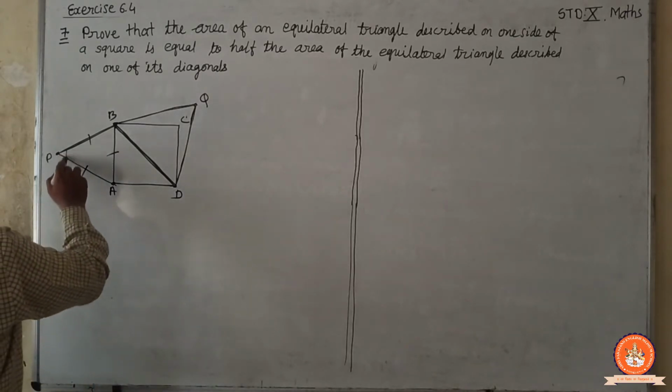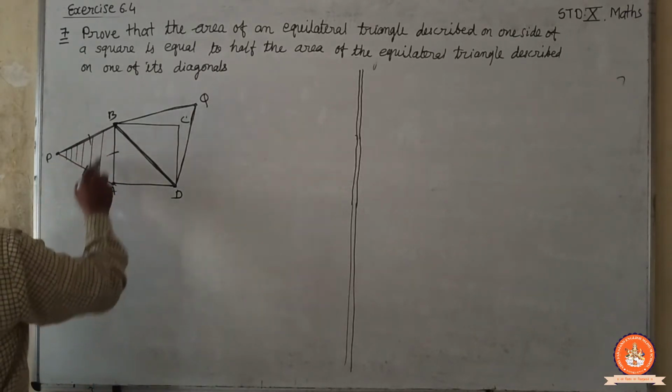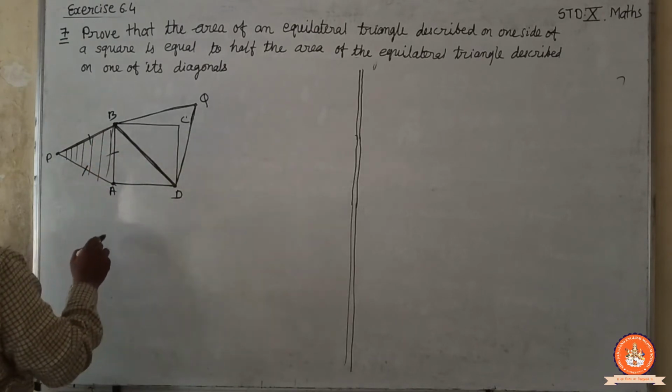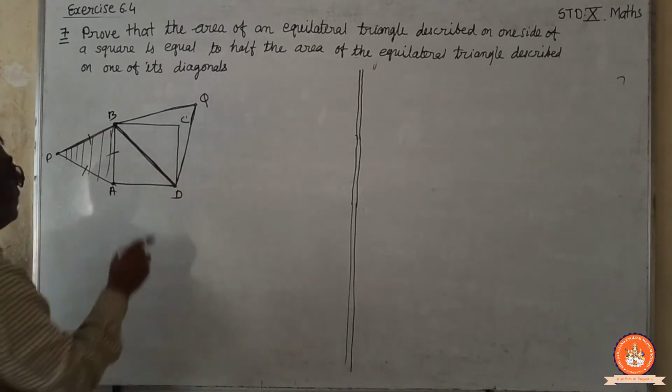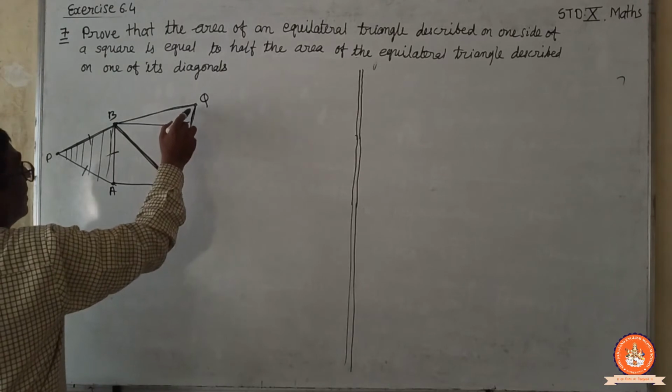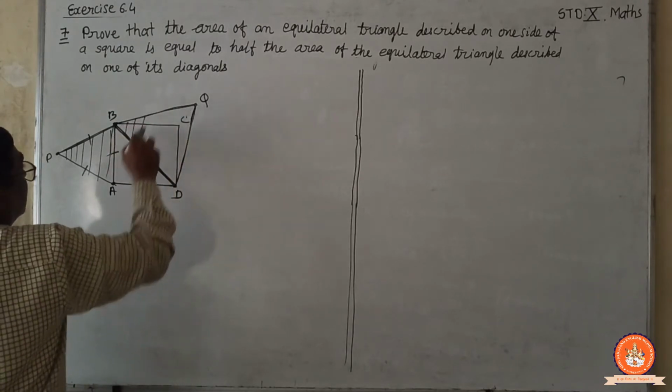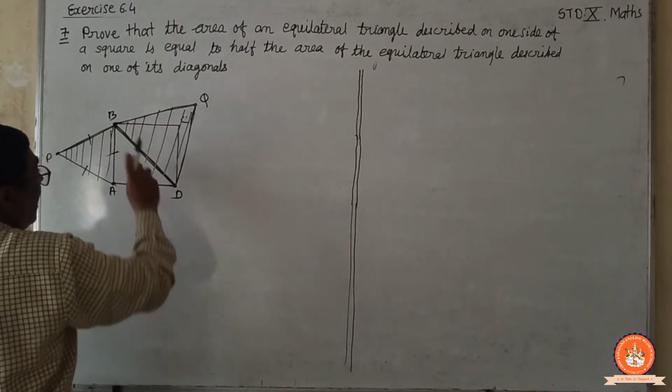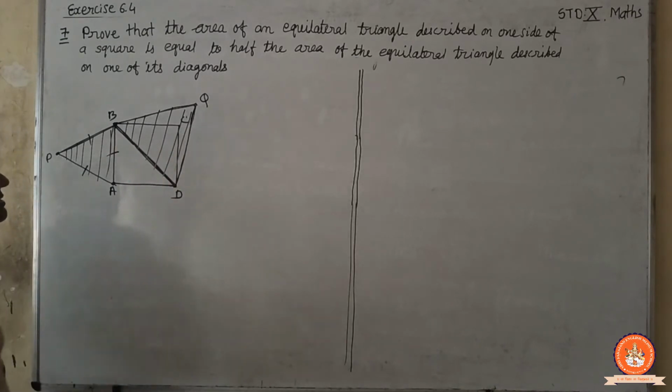So this one is the equilateral triangle described on one side of a square, and this one is the equilateral triangle described on one of its diagonals.